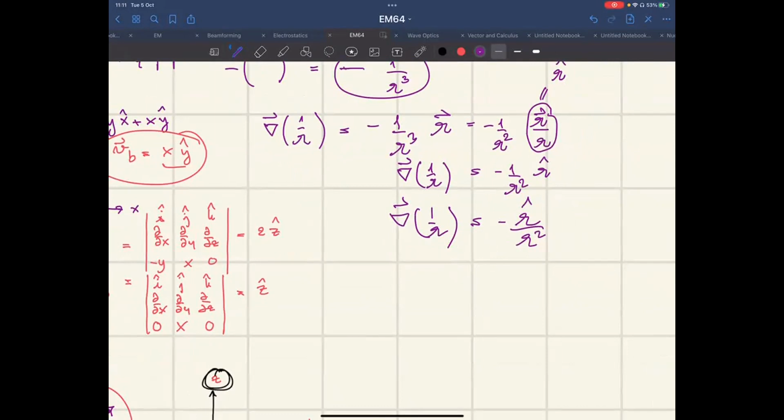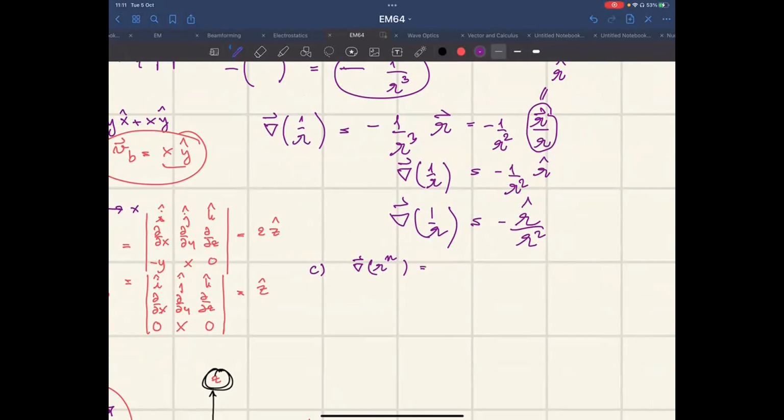We're going to do it for just x. So we want to find the gradient of R to the n. What is the general formula for this?